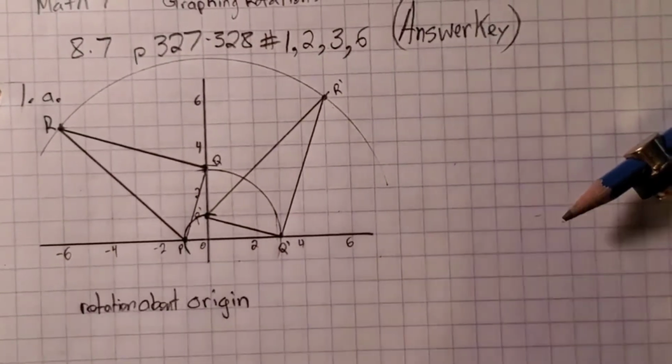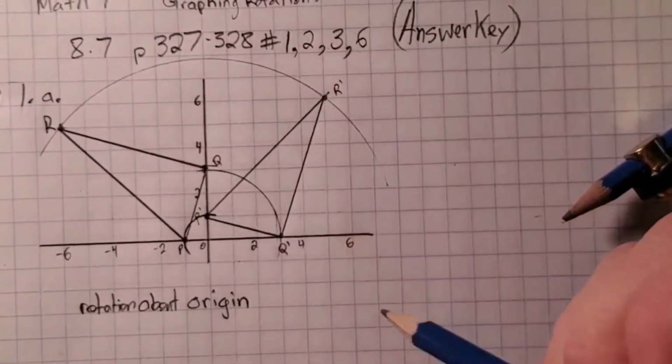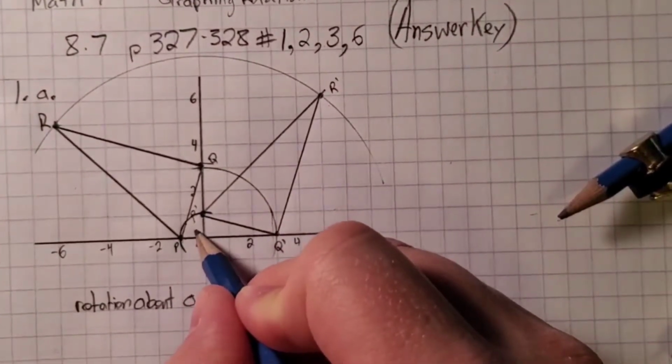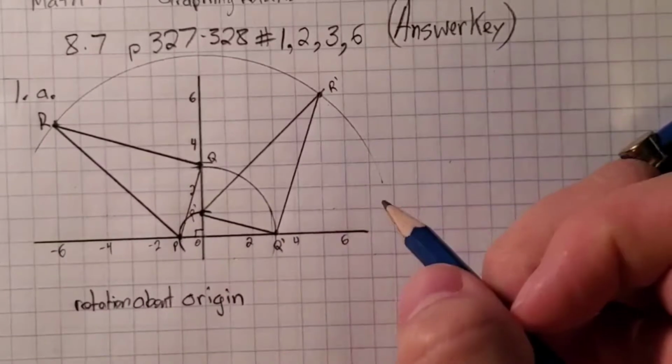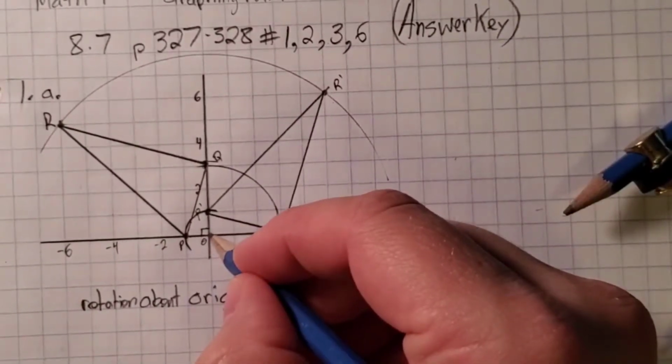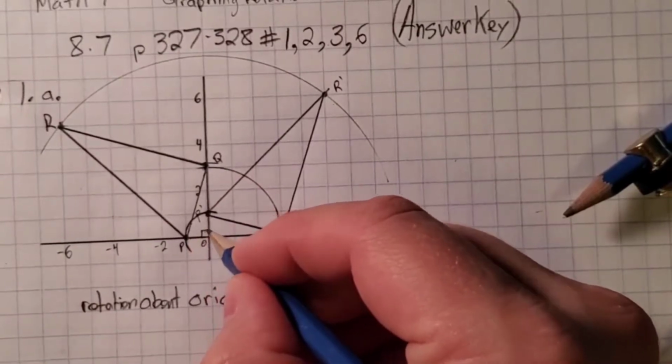Now, how many degrees is it? Let's look at this. For each of these arcs, if we connect to the origin and draw an angle right there, it's a 90-degree angle.